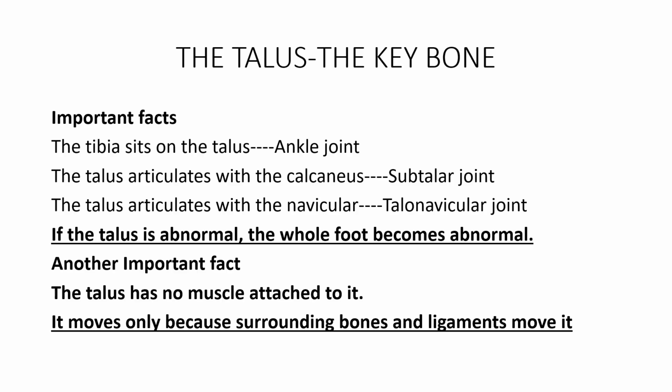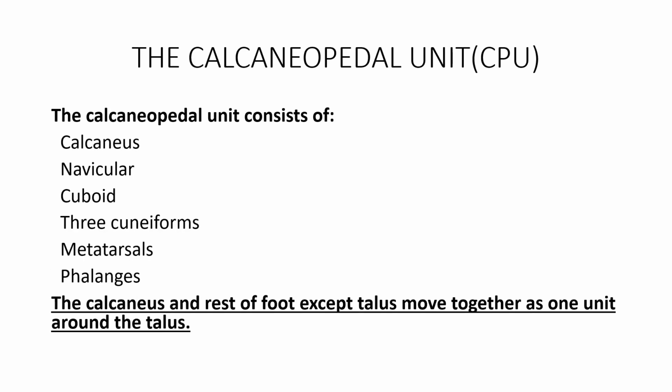If the talus is abnormal, then the whole foot becomes abnormal. Another important fact regarding the talus: it has no muscle attachment, so it moves only because surrounding bones and ligaments move it.